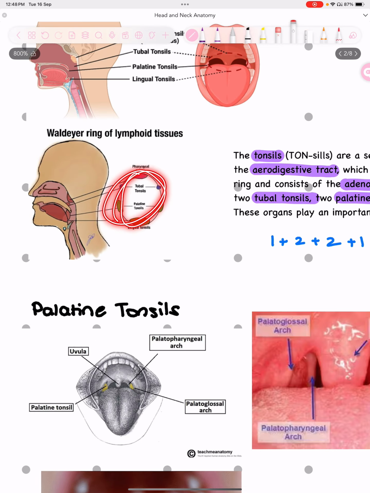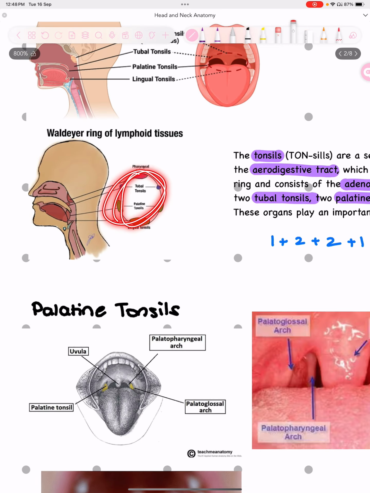Posteriorly and above there is the nasopharyngeal tonsil, and laterally and above there are tubal tonsils, and inferiorly there is the lingual tonsil, right? So this entire circular ring is formed by the pharyngeal tonsil, tubal tonsil, palatine tonsil, and lingual tonsil. This is known as Waldeyer's ring, right?